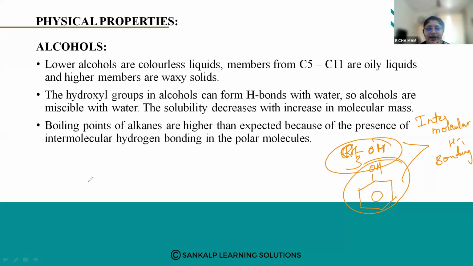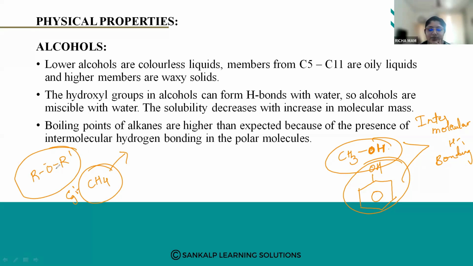As you see in hydrocarbons, this is an example of a hydrocarbon, that is methane. Can you see any electronegative atom? Oxygen is an electronegative atom, right, present in the alcohol group. Because of the presence of an electronegative atom in the molecule, it can form hydrogen bonding with water molecules, right? But if you take an ether, there is no OH, so linking cannot take place.